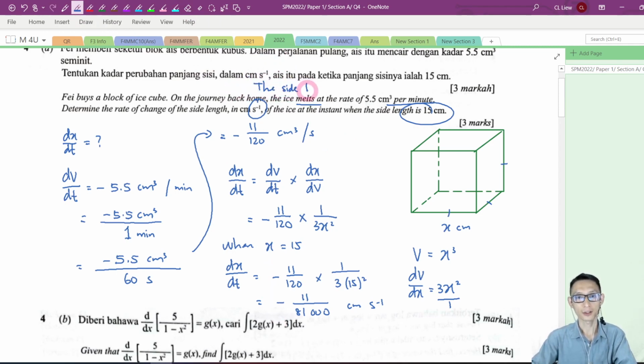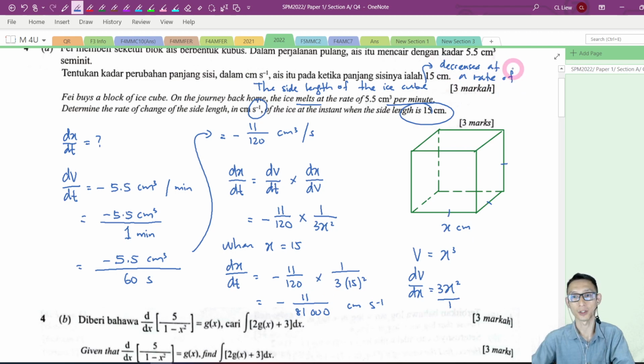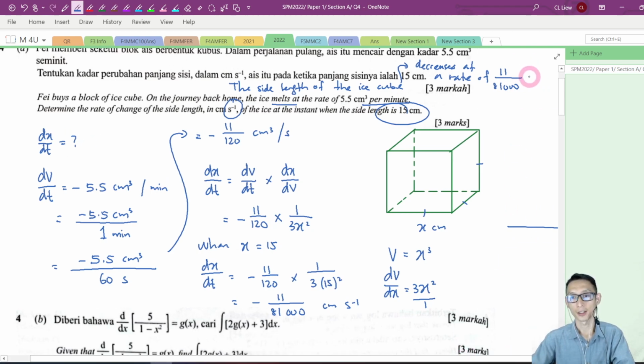The side length of the ice cube decreases at a rate of, since you already mentioned decreases, you don't have to write the negative, at a rate of 11 over 81,000 centimeter per second. Okay, that's all for part A.